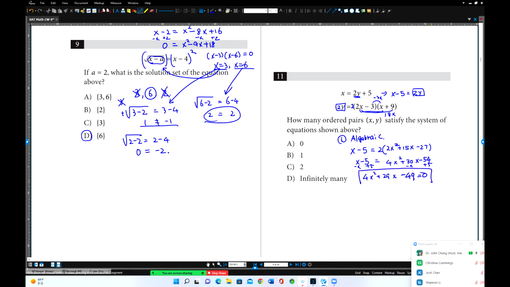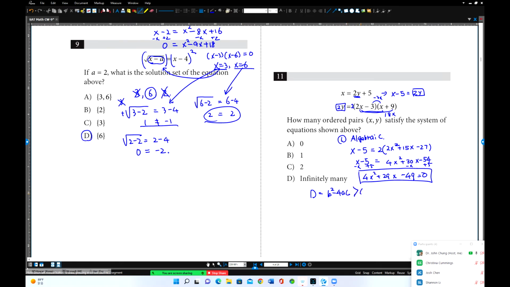Wow. From here, how many solutions are there? Can you find out? You can use the discriminant, okay? From here, if you understand the discriminant, the discriminant is b squared minus 4ac, okay?